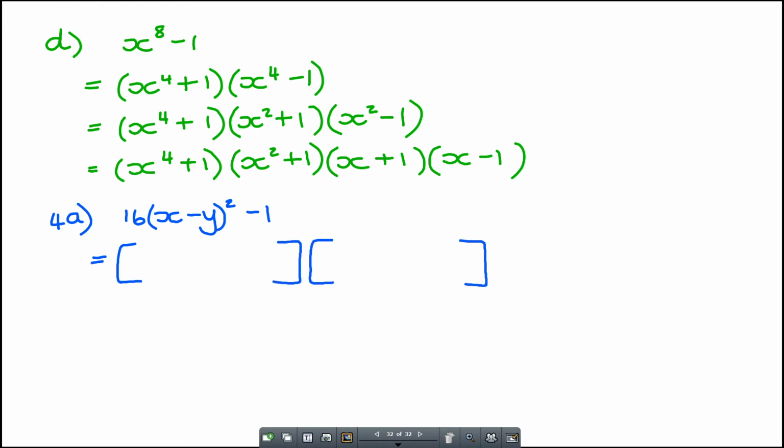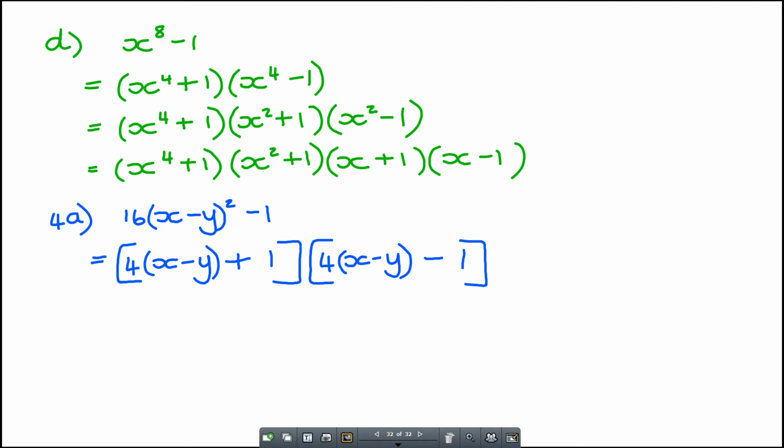Just have a look that you also have the same brackets in the end then, opening and closing. Okay, so this first bracket will have a plus, the second bracket will have a minus. What is square root of 16 times x minus y squared? That would give me 4x minus y. Does everyone understand that part? What is square root of 1? 1.